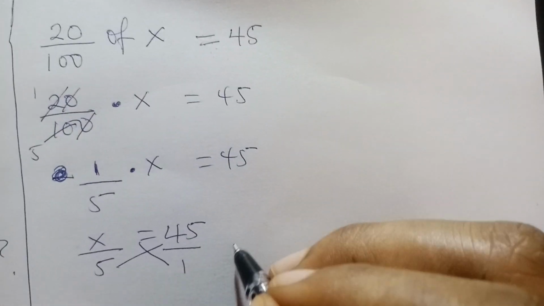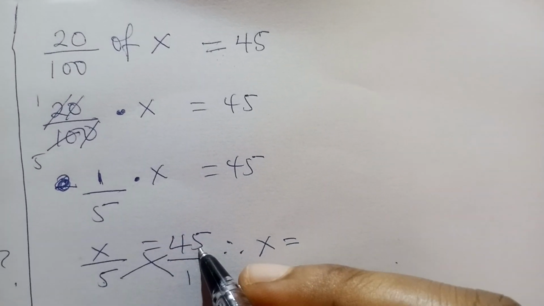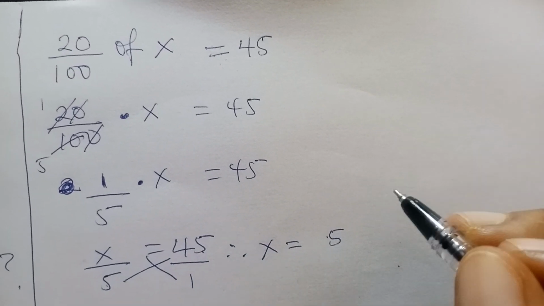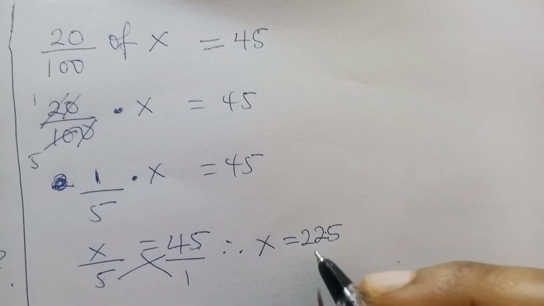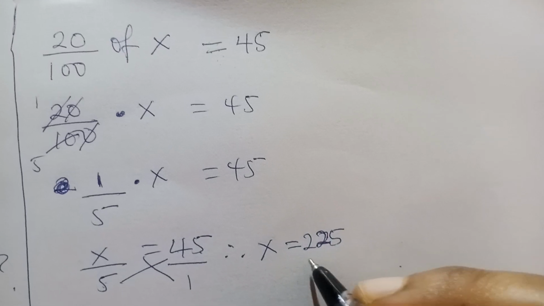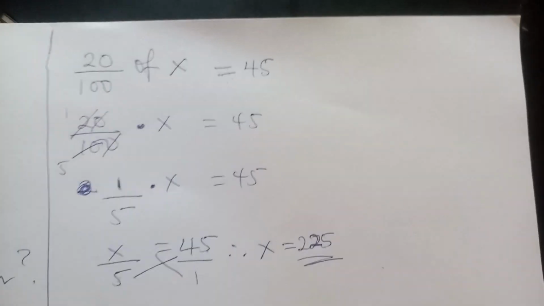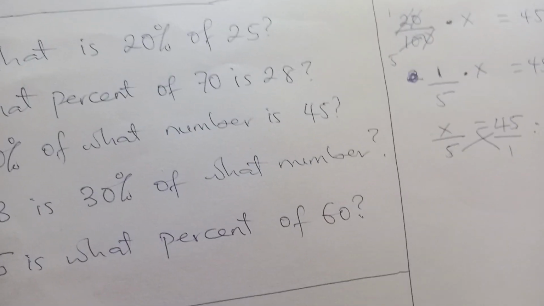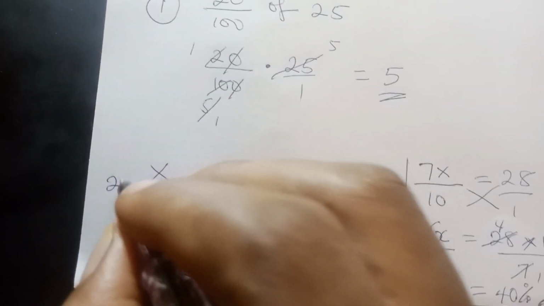Cross multiply, you have x to be 5 times 5, 25, carry 2, 5 times 4, 20 plus 2, 22. So we have our answer to be 225. Very easy.